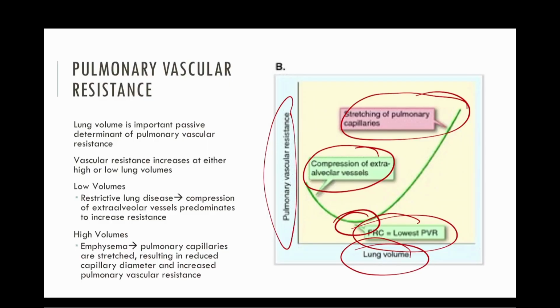And that's why we have a high resistance at high lung volumes and at low lung volumes. Basically, the same thing is happening. Increased resistance in the alveolar capillaries increases the pulmonary vascular resistance. At optimal lung volumes, everything's okay.